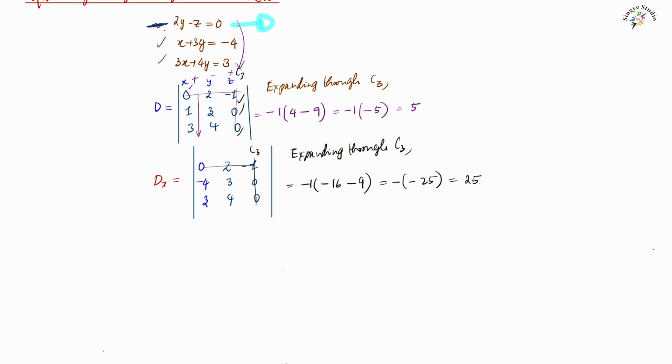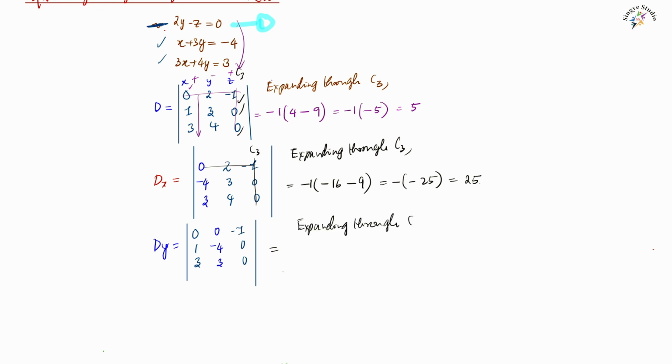Now for Dy, we'll substitute the sums in the column which has the coefficients of y. So our determinant will be 0, 1, 3, and here 0, -4, 3, then the others will be the same. For this one also, let's expand through C3.